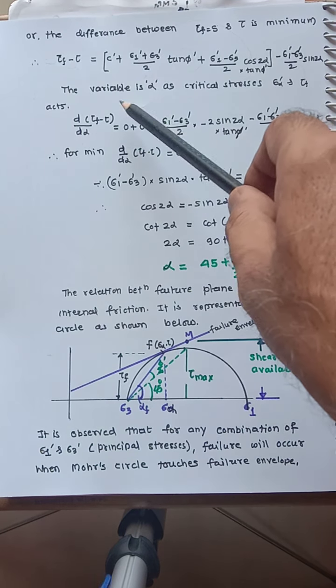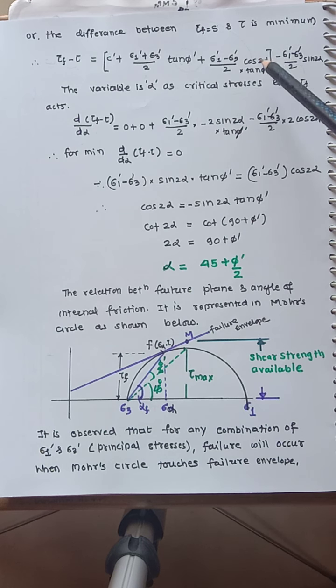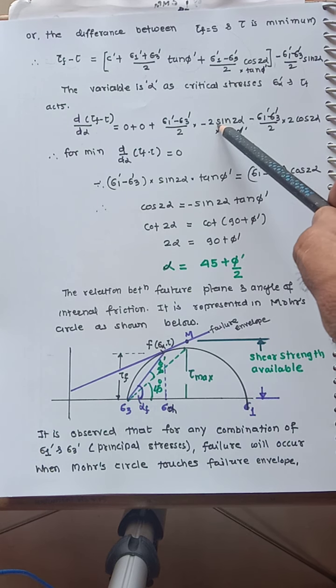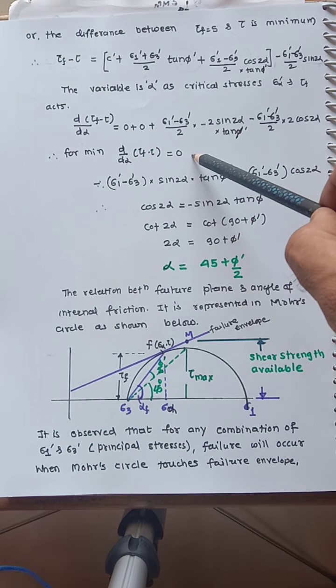So you can differentiate. The variable is only alpha, so this is constant, and this becomes minus 2 sine 2 alpha. And then this term again minus 2, this is constant, minus this constant 2 into cos 2 alpha, equating this to 0.